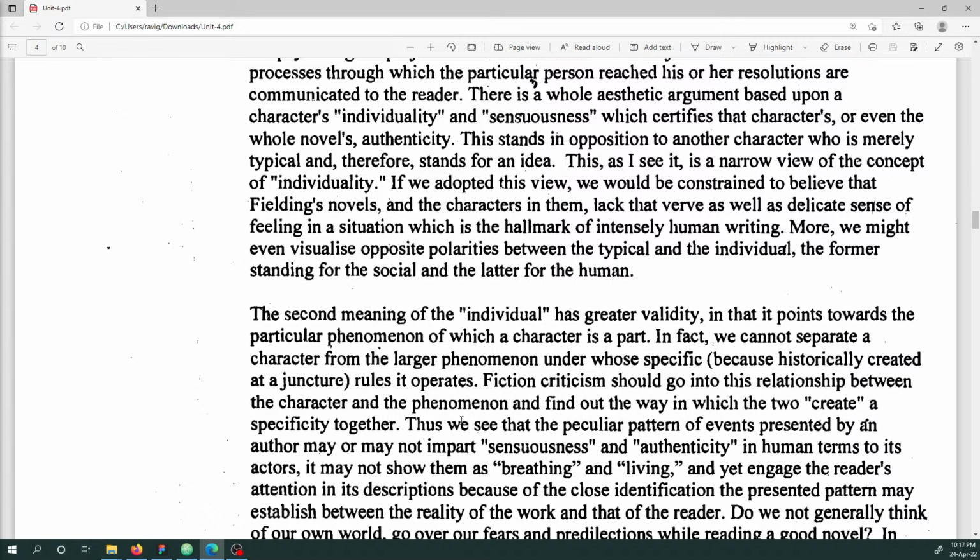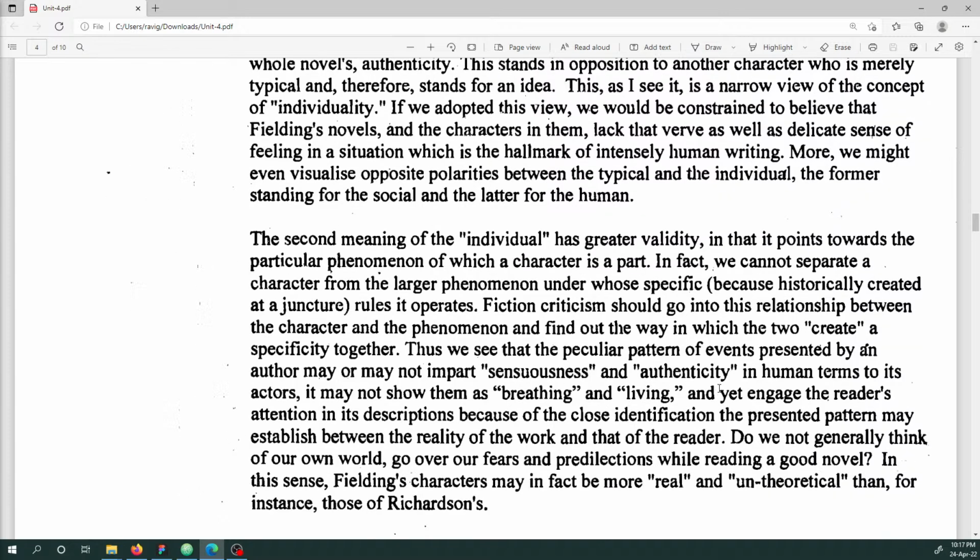Thus, we see that the peculiar pattern of events presented by an author may or may not impart sensuousness and authenticity in human terms to its actors. It may not show them as breathing and living, and yet engage the reader's attention in its description because of the close identification the presented pattern may establish between the reality of the work and that of the reader.